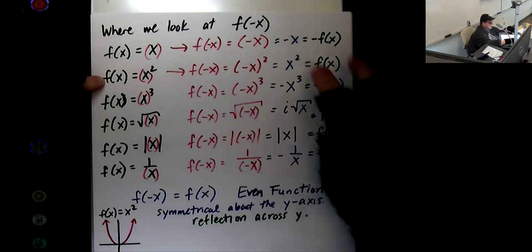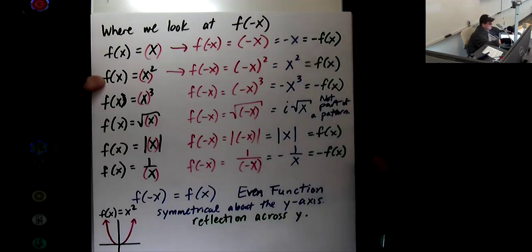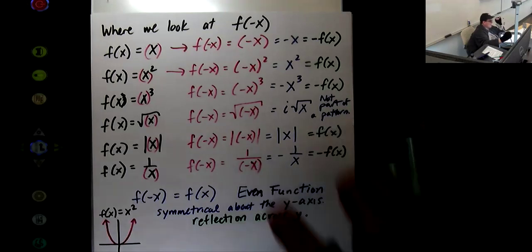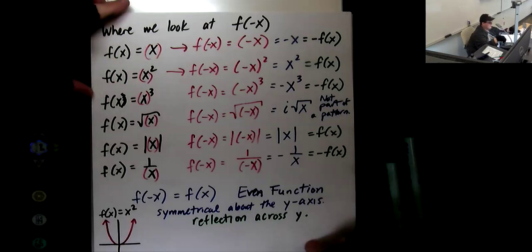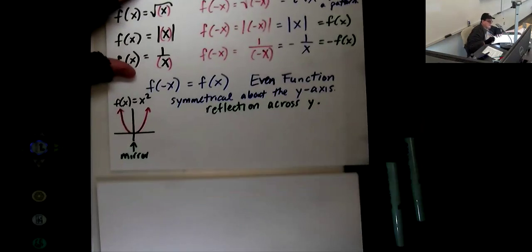But usually it's just like x squared, x to the fourth, x to the sixth. Even exponents will have this even function property. But not something like x squared plus x, because then I have an even exponent and an odd exponent, and that throws it off. And only a couple of them did that.